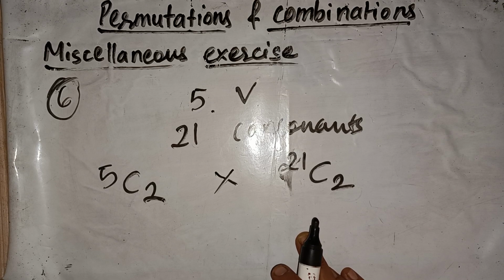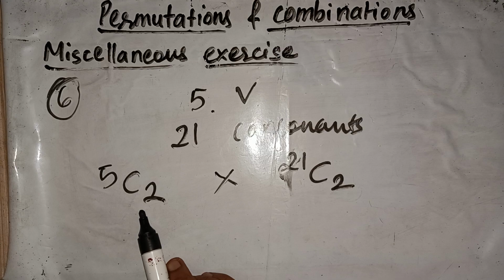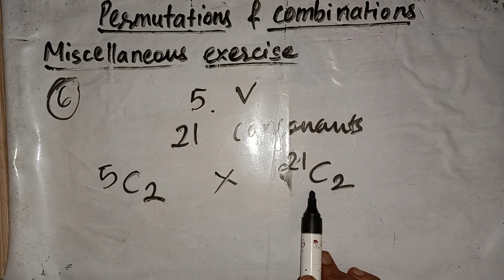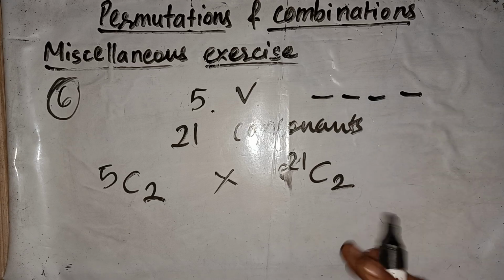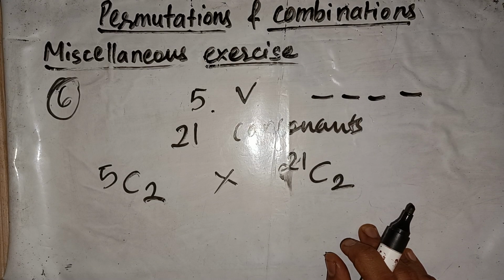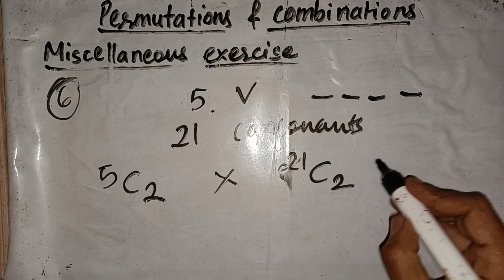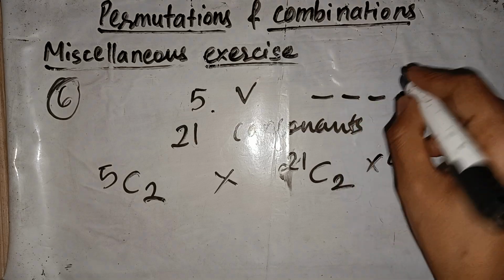But now, how many letters are there? Total letters in that word is 4. Correct? They are not given with or without meaning, but still we have to multiply by 4 factorial because these can be rearranged.